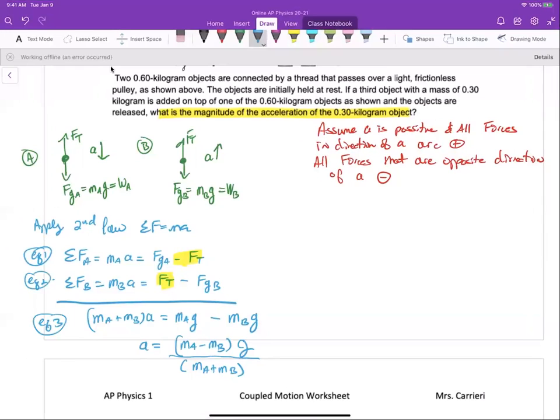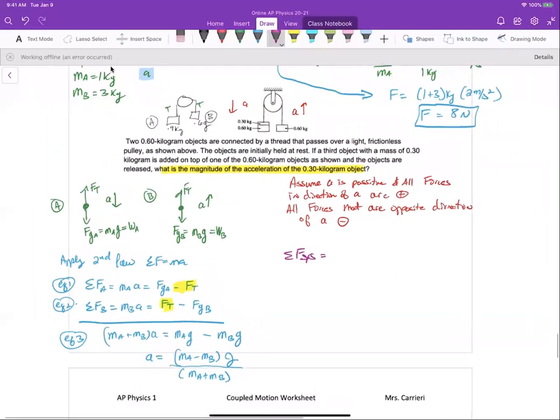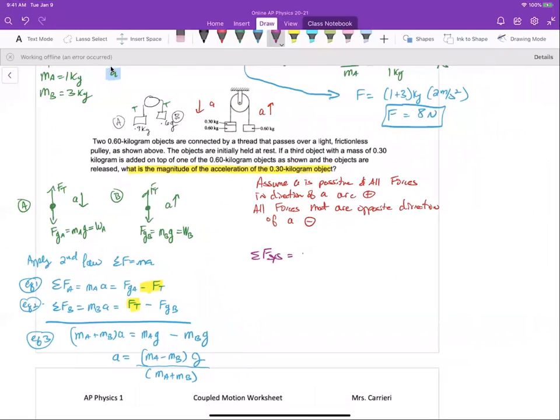What if I did the sum of the forces on the system? Can't I do that? Well, what's my system? My system is the 2 blocks. So I have the mass of the system times acceleration. What are the external forces on the system? The external forces are the force of gravity acting on objects A and B. One of them's working with me, one of them's working against me.